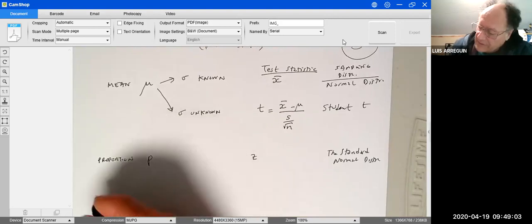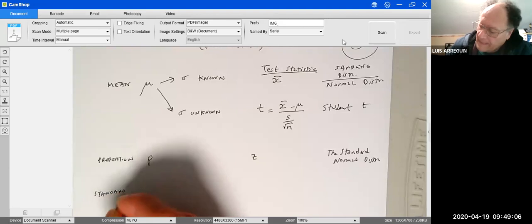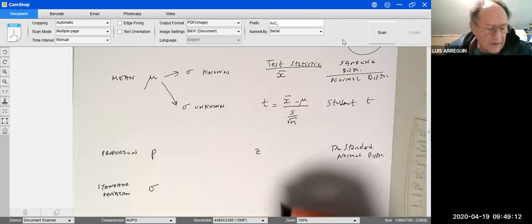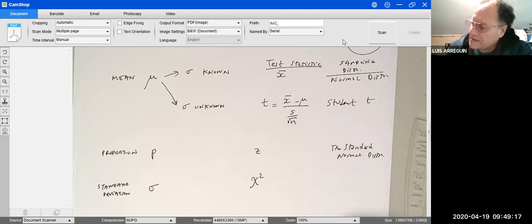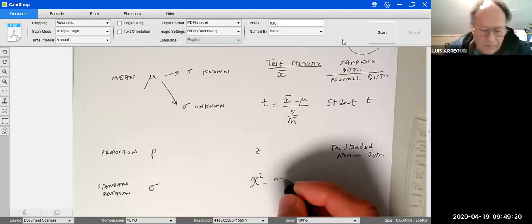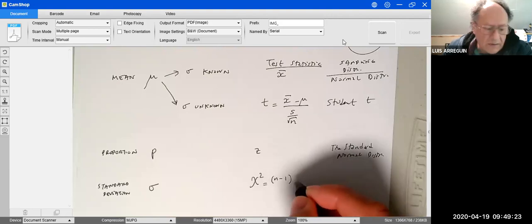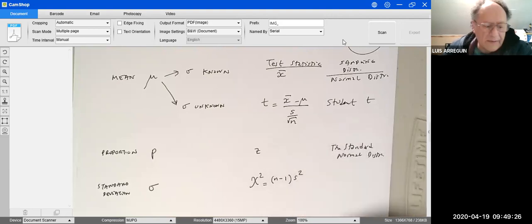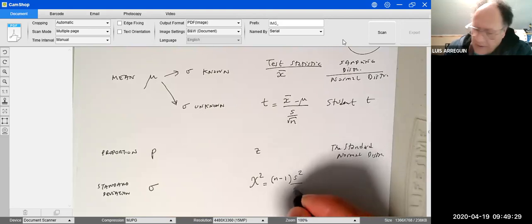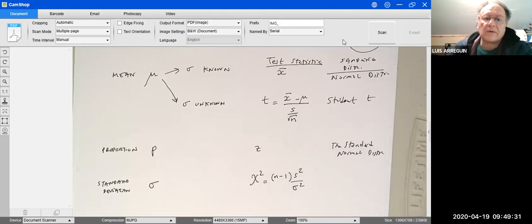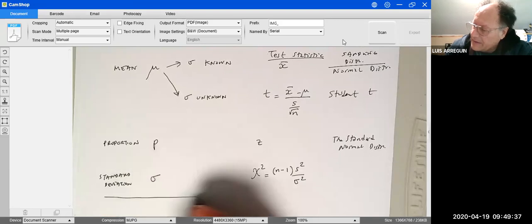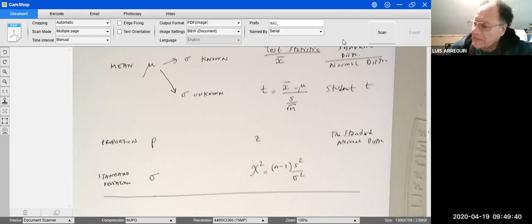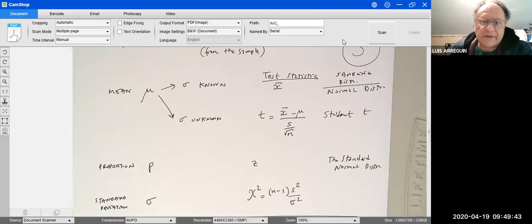Then if you want to know about the standard deviation, in a test that involves the standard deviation sigma, your test statistic is going to be chi-square: n minus 1, multiplied by the standard deviation of the sample over the standard deviation of the population. So these are the different test statistics that we're going to use in this chapter.